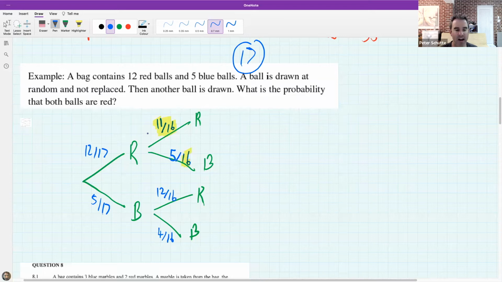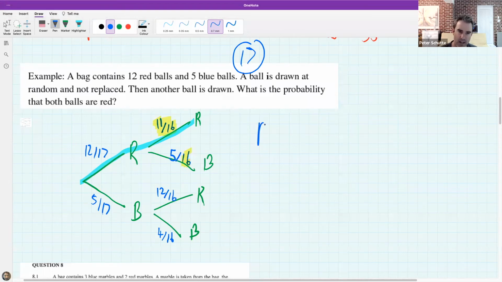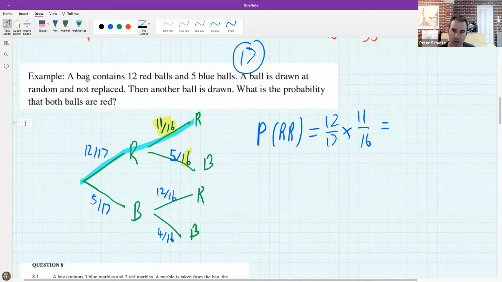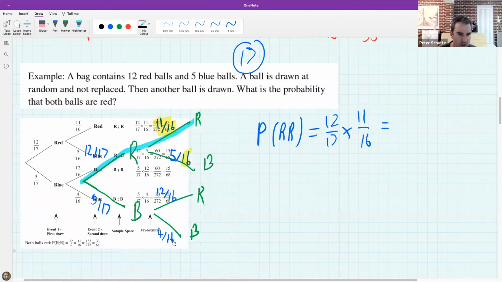Now, of all the pathways, which ones are the ones that I'm interested in? I'm actually only interested in a red, which is that one there. And so what do I get? What's the probability of red? To me, it should just be 12 over 17 times 11 over 16, which is, I'll pick my answers here, 33 over 68.